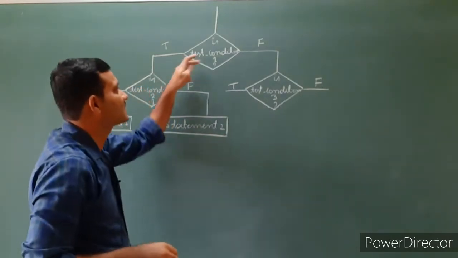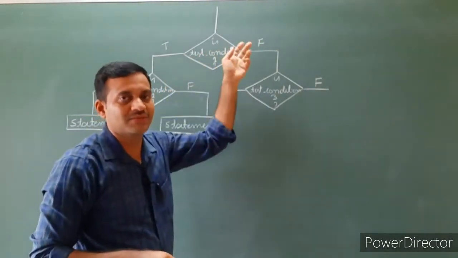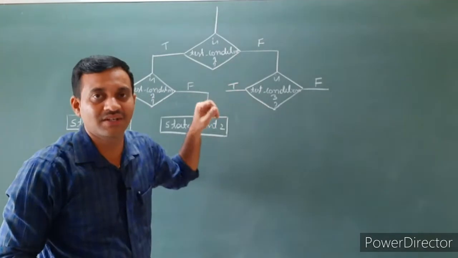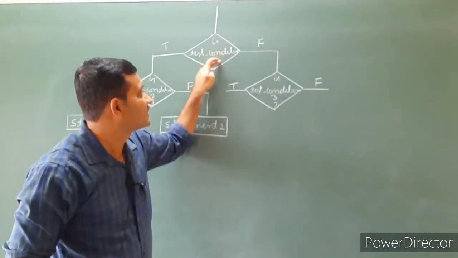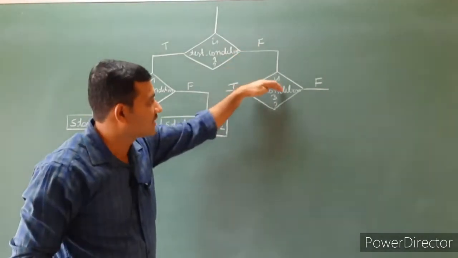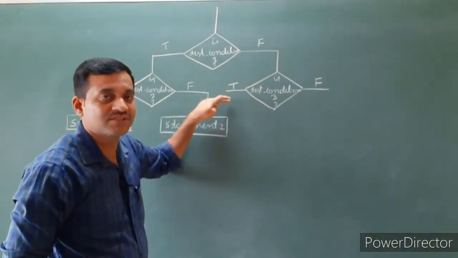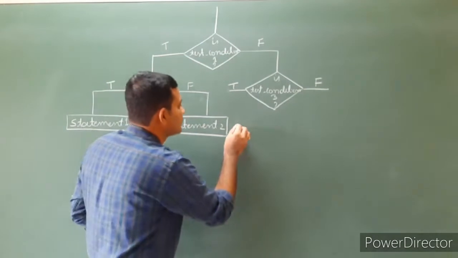Then if test condition 1 is false, move on to the else part of test condition 1, then we verify test condition 3. If test condition 1 is false and test condition 3 is true, then we execute statement 3.